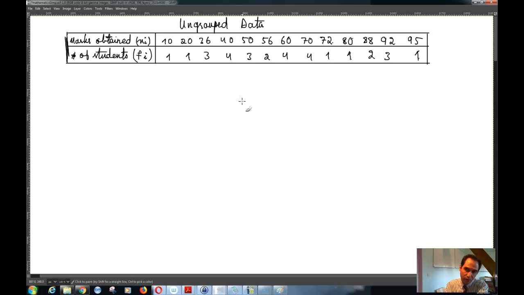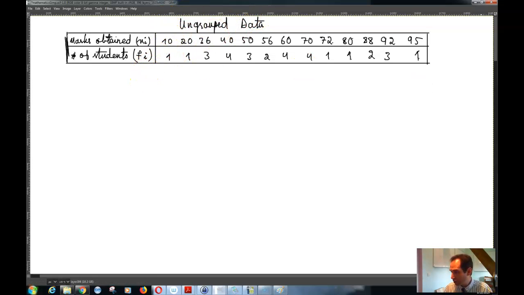10 all the way up to 95. Meaning that there are marks between 10 and 95 all over the place, and this is ungrouped data. You want to make some class intervals out of these marks, and convert your data into grouped data.